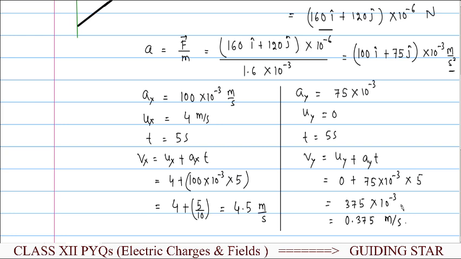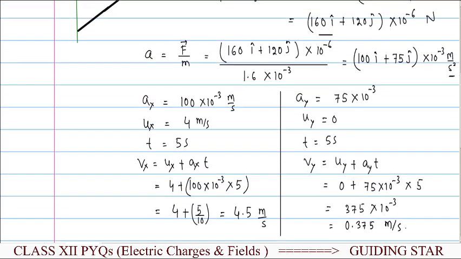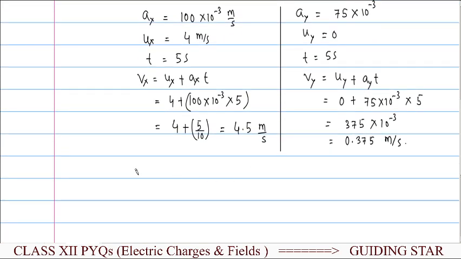Finally the final velocity v will be equal to vx i cap plus vy j cap. So vx is 4.5 i cap plus vy is 0.375 j cap meter per second. So this will be the final answer.